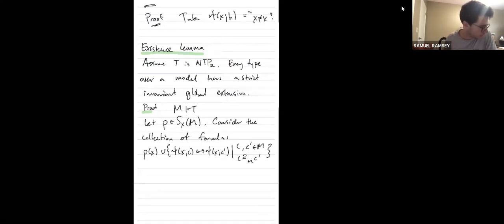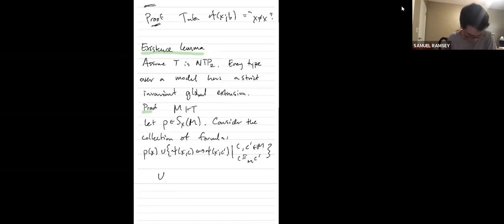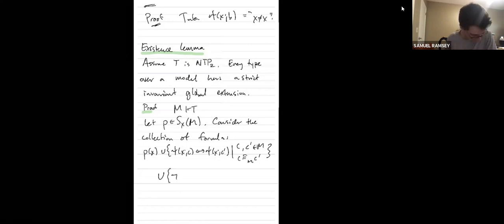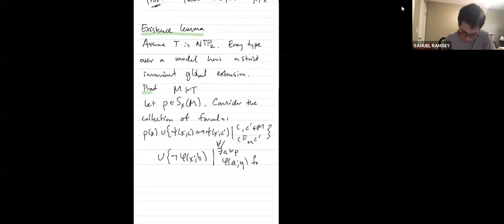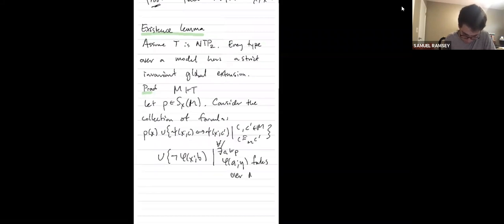So what we will do is we will look at not φ(x, b) such that there exists some a which realizes p, and I could have instead said for all, because this is an invariant property, such that φ(a, y), so now I think about this as a formula in the variable y with parameter a, forks over m.